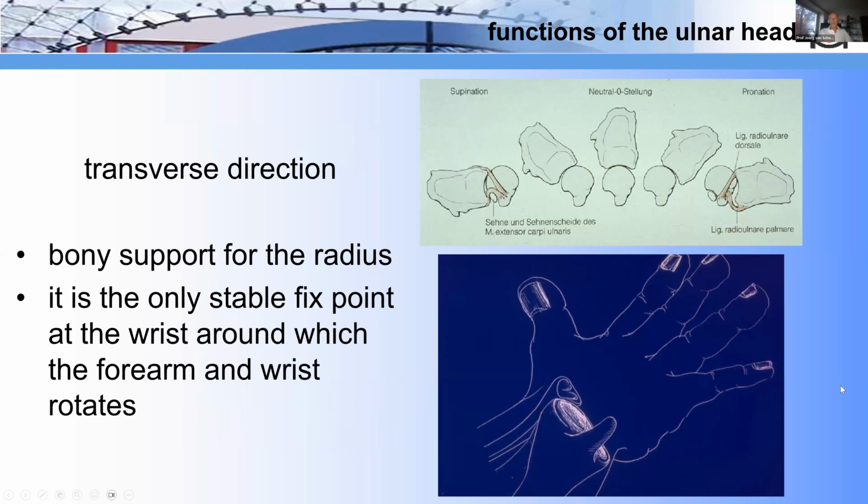In the transverse direction, the ulnar head is a bony support for the radius, and we should never forget that the ulna is the only fixed point in the complete wrist and hand. The hand, the wrist and the radius rotate around the ulna. If we lose the ulnar head, we lose the support for the ulnocarpal joint as well as for the radius.